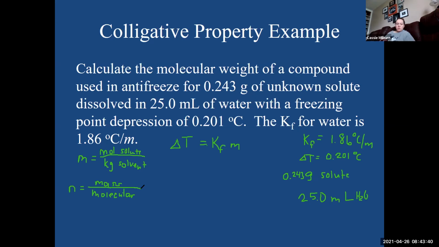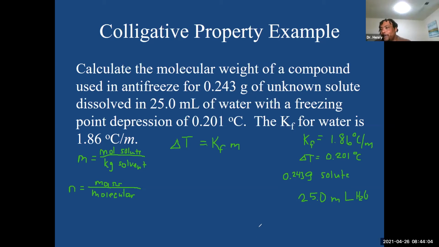So for your solution, wouldn't you need to convert to like cubic centimeters or whatever? Or, no, that's not how you do it. How did we do that last time? What do we know about water? Was it 1 gram per what? Per 1 milliliter? 1 gram per milliliter. We know the density.